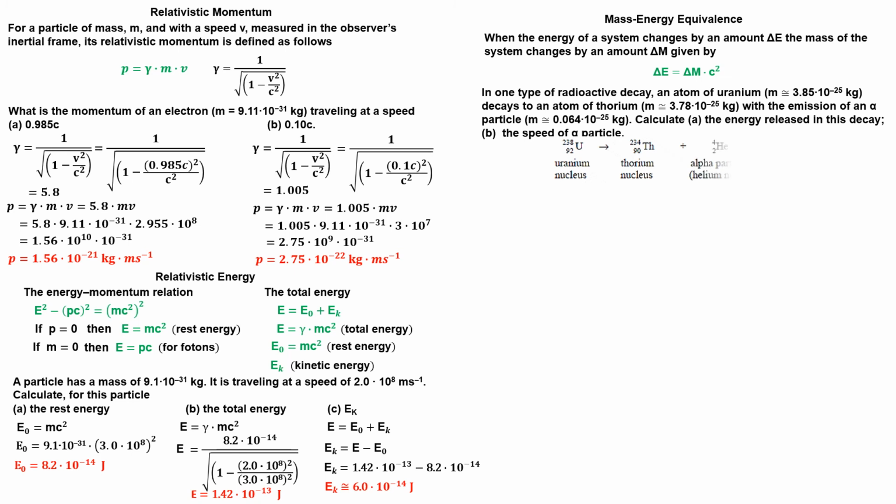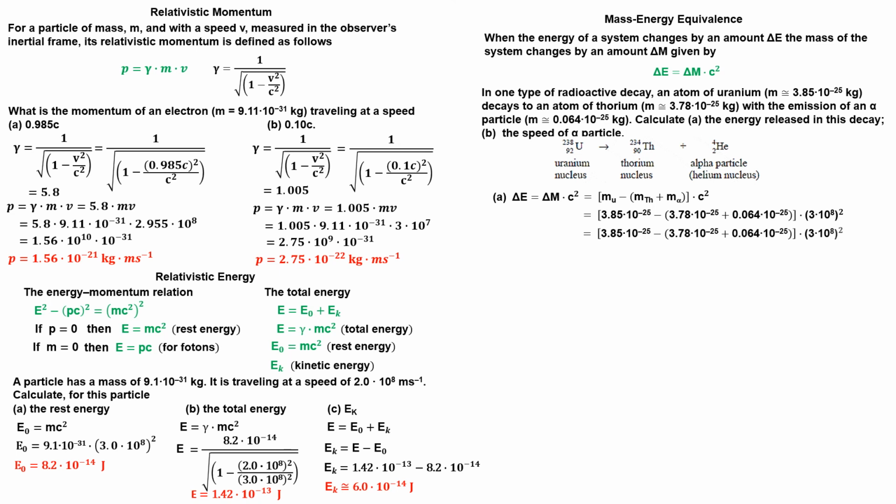This is written as follows. To solve item A, we take the formula above and substitute the values. The mass of the parent nucleus is greater than the mass of the daughter nucleus plus the mass of the alpha particle. This released energy appears as kinetic energy of the alpha particle and the daughter nucleus.